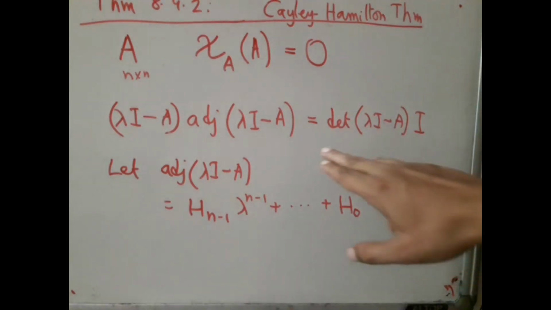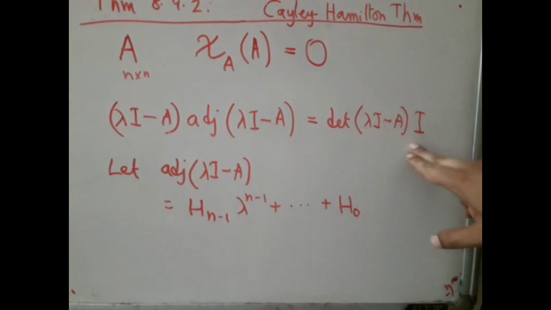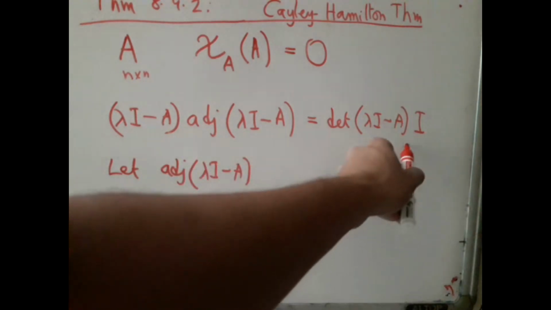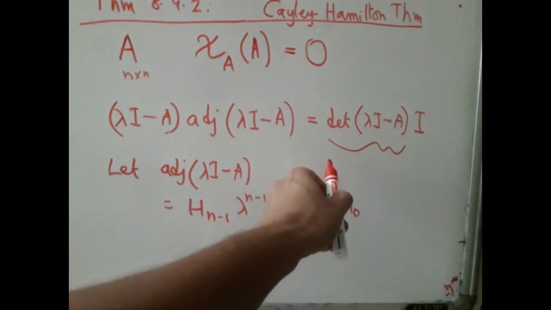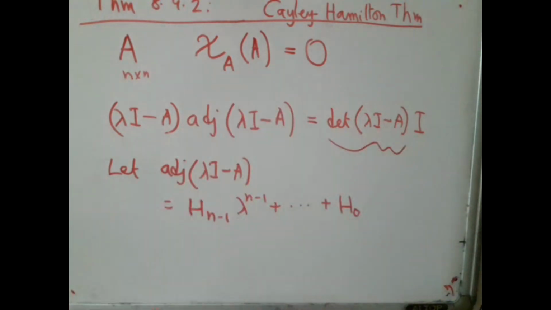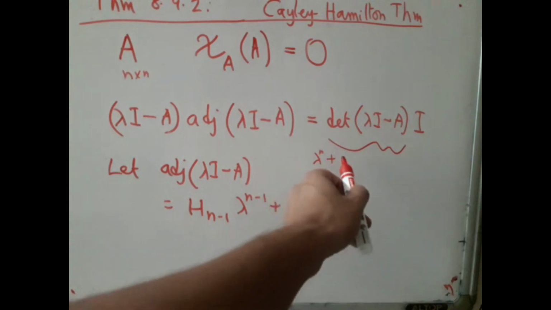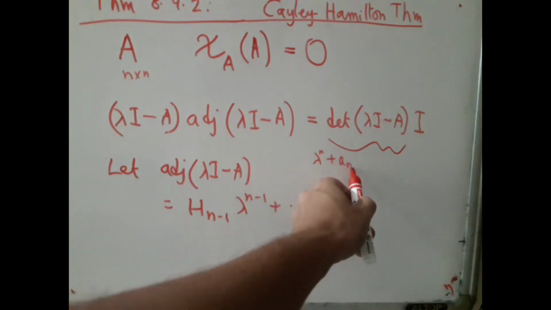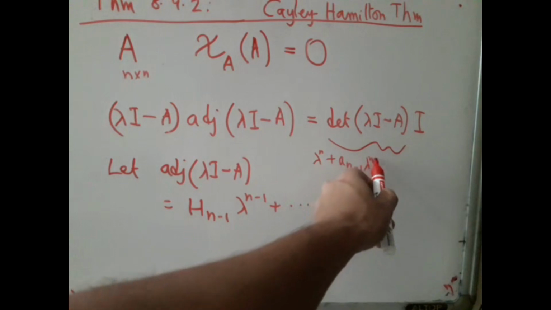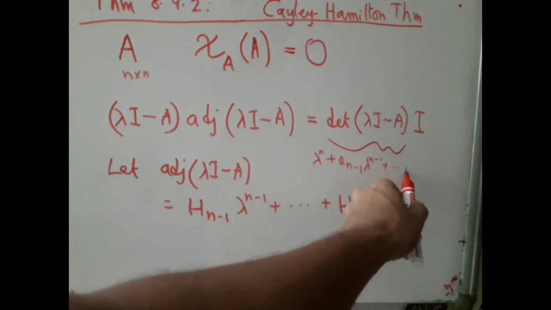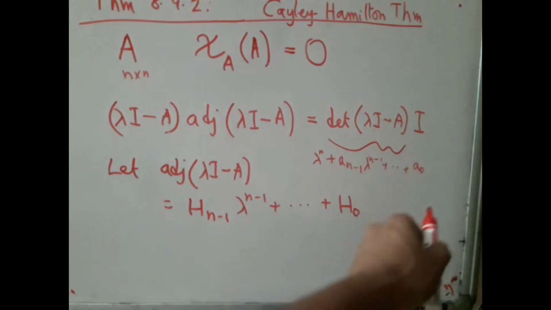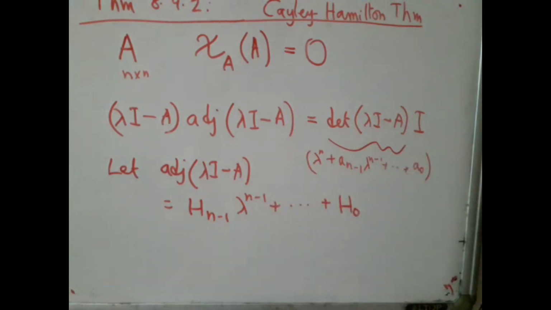Now similarly on the other side, I have the characteristic polynomial times the identity matrix. The characteristic polynomial is of degree n, so I write it as lambda to the power n plus a_{n-1} lambda to the power n minus 1, working all the way up to a_0, and this is times the identity matrix.